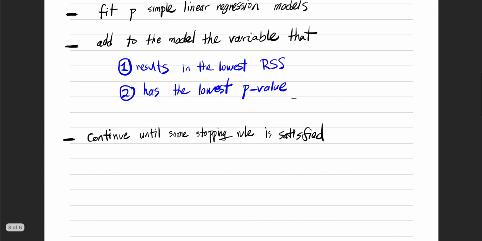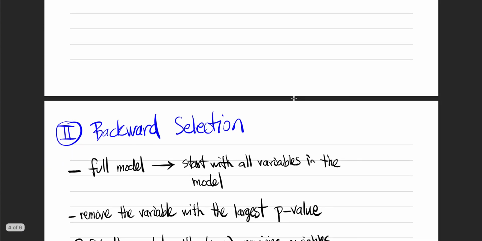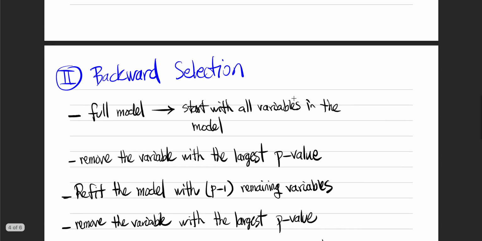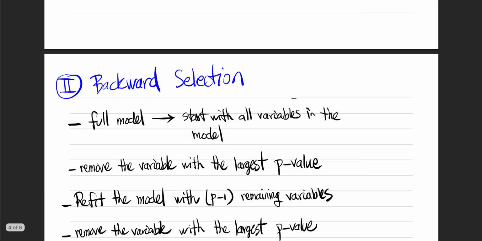Now, another method is the backward selection method. The backward selection starts with the full model, meaning that it tries to find a regression model that includes all the variables. Well, that creates a problem, right? Because if the number of variables is larger than the number of observations, then you can't include all those variables.